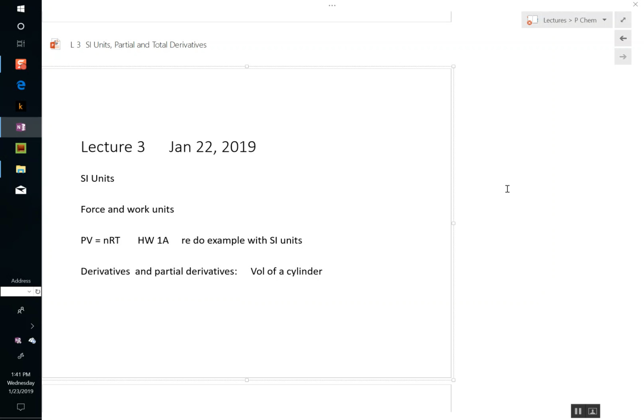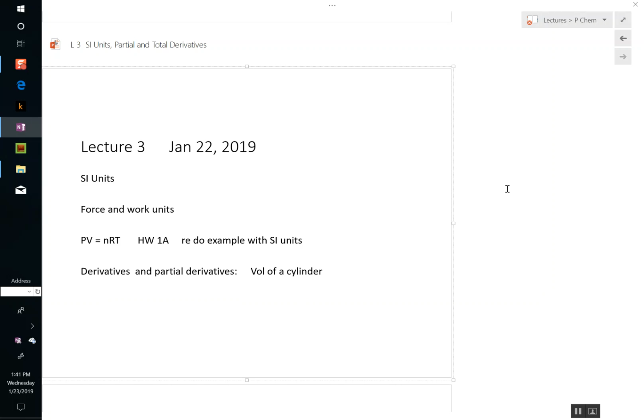We're going to be coming out of state functions, pressure, volume, temperature, moles, and we're going to be moving on into non-exact differentials, or these path functions.